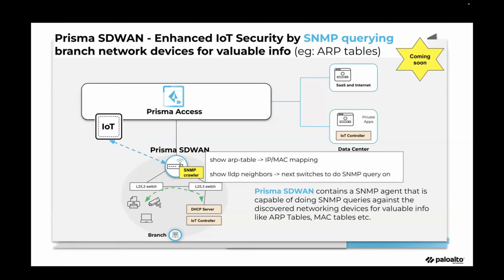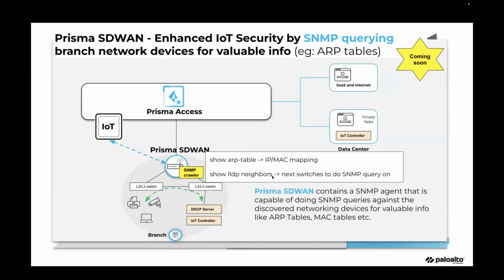But what we do here, since we are not in the path of this deep branch traffic, is build the ability to query the networking devices that are in the path of this traffic, right? And just to throw some examples there, we can query via SNMP, which is, again, a very common networking management protocol, right?